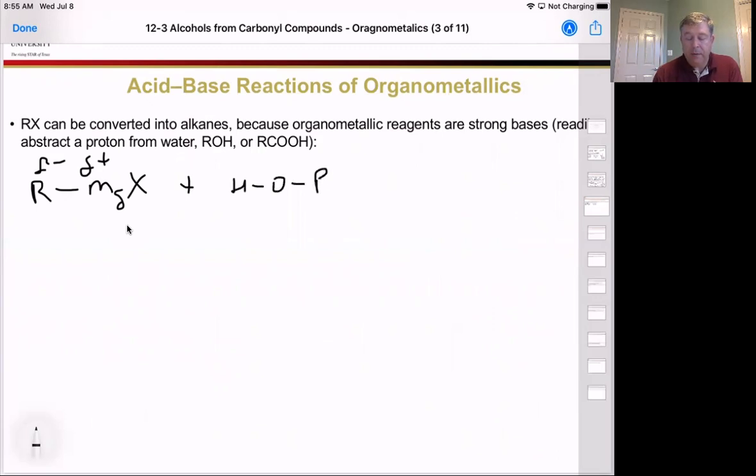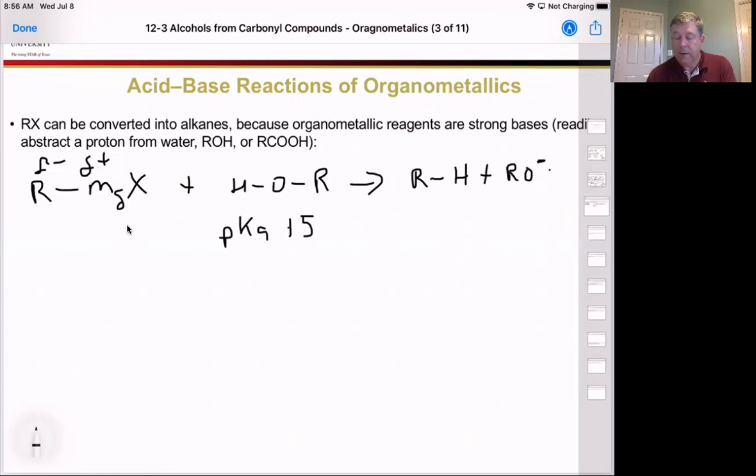where we have an acidic proton on that alcohol, the pKa of alcohols are about 15, and then when it reacts, it goes to form an alkane plus our salt of our alcohol.